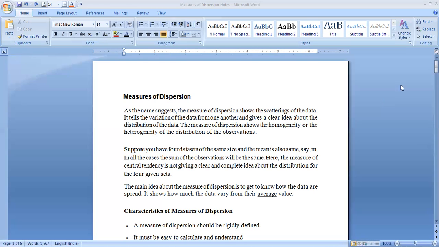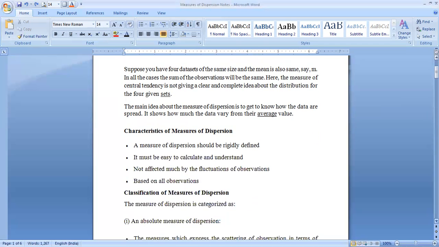Next, we take the characteristics of measure of dispersion. A measure of dispersion should be rigidly defined. It must be easy to calculate and understand, not affected much by the fluctuations of observations, and based on all observations.